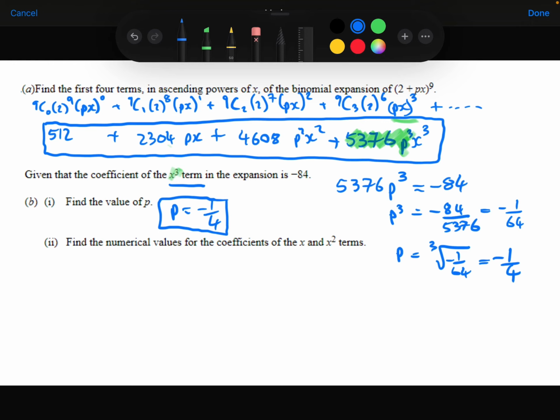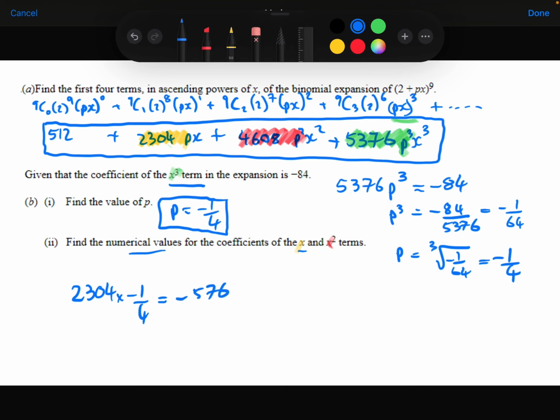We're then told to find numerical values for the coefficient of the x term. Right, so this is the coefficient of the x term, and the x squared term is this term. So let's do the x term first, which is 2,304 times p, which we now know is minus 1/4. Which gives minus 576.